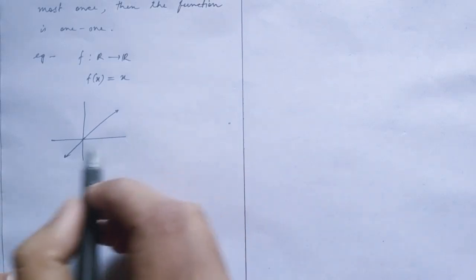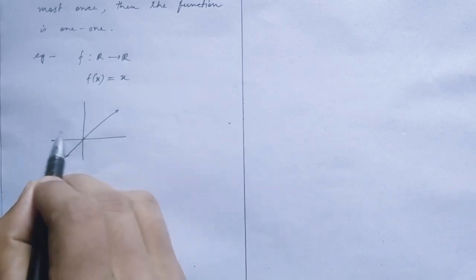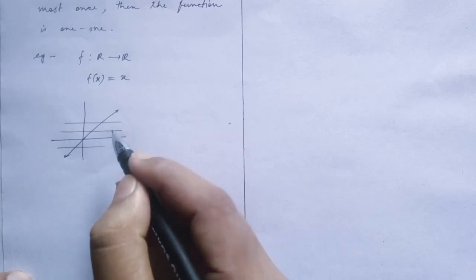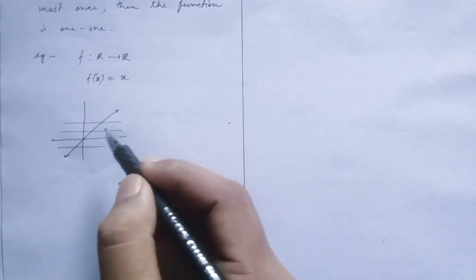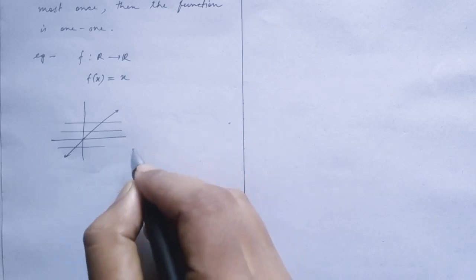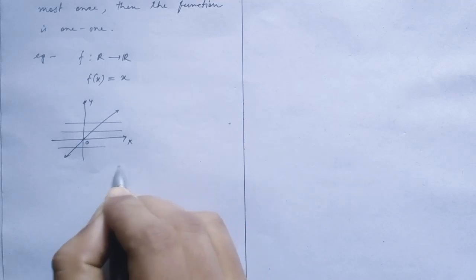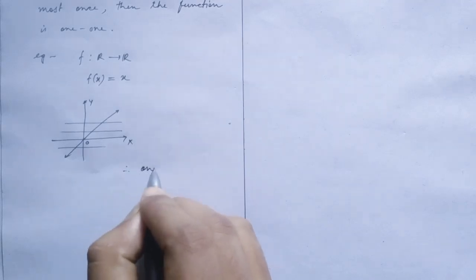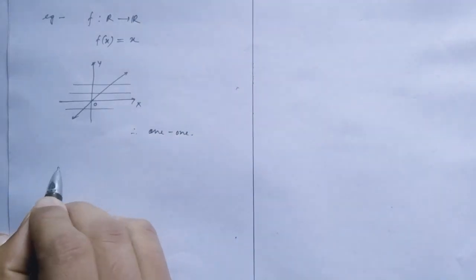So if you draw some horizontal line, suppose like this, then these lines cut the graph exactly at one point. So in this case, the function is one-one.